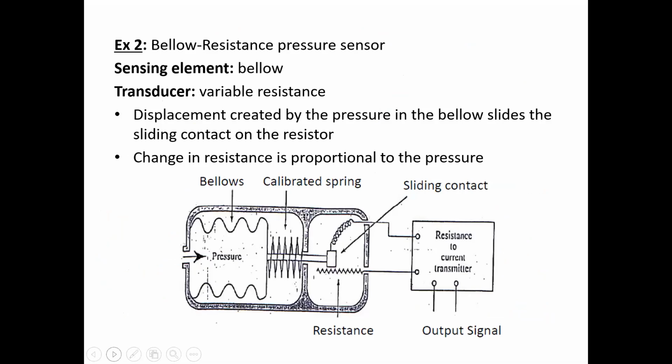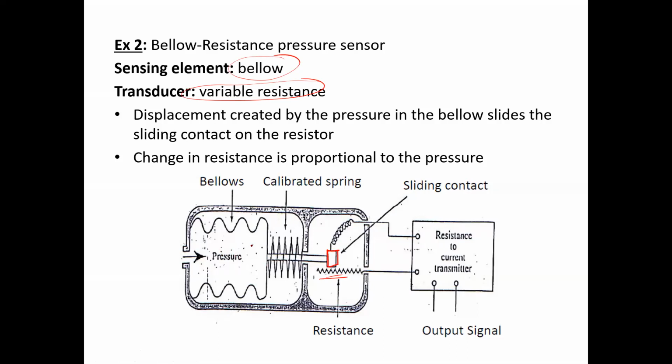Now, another type of resistive pressure sensor would be formed by using the bellow as the primary sensing element and a variable resistor as the secondary transducer or electrical transducer. In this case, you can see that we have a variable resistance over here, and its sliding contact is connected with the bellow through a shaft.